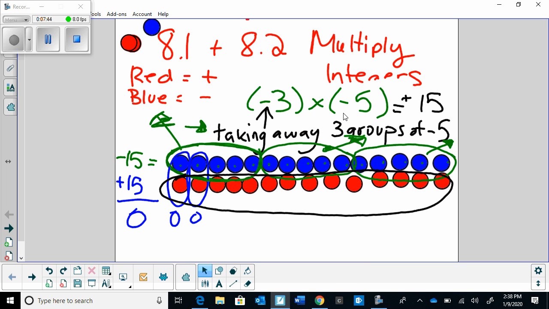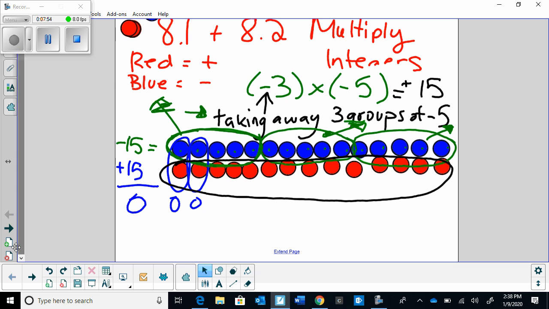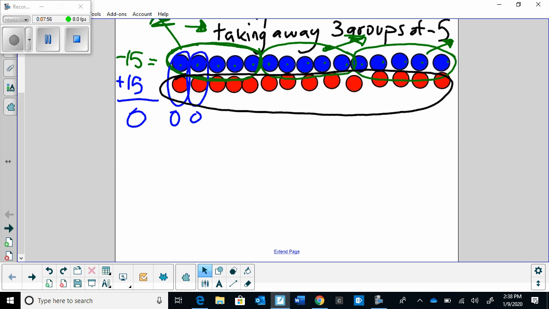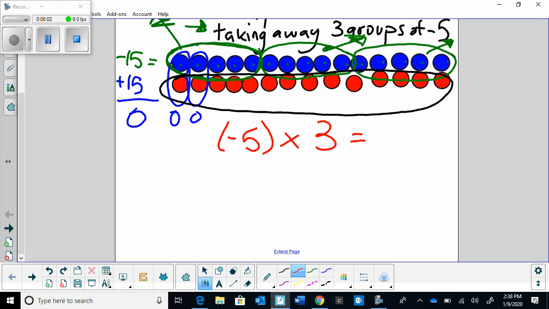Finally, for a last question, what if I had negative 5 times positive 3? We said this is the same thing, and I can demonstrate it in the exact same way.